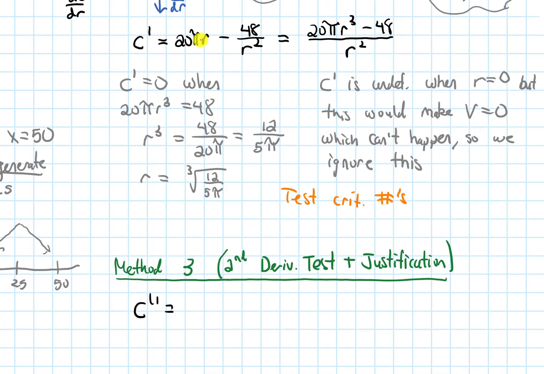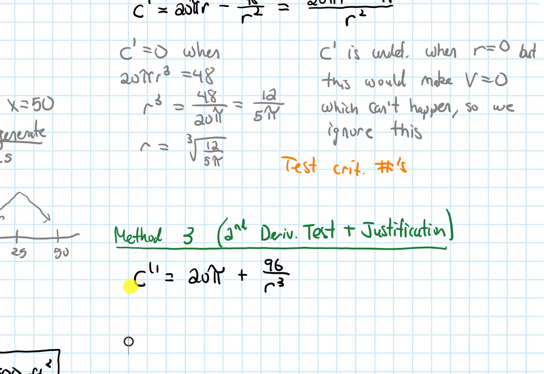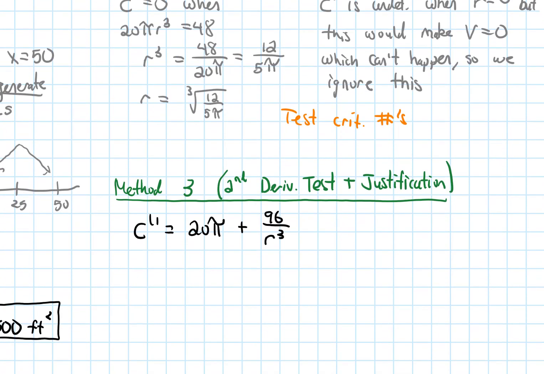So the derivative of 20 pi r is 20 pi. The derivative of minus 48 over r squared is going to be plus 96 over r to the third, if we work it out. Okay, so what we hope when we do these optimization questions and we test it using the second derivative test is that our second derivative is either always positive or always negative.